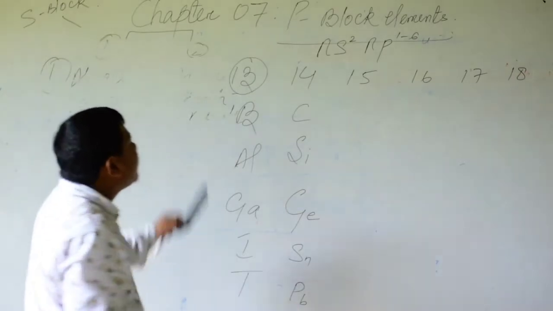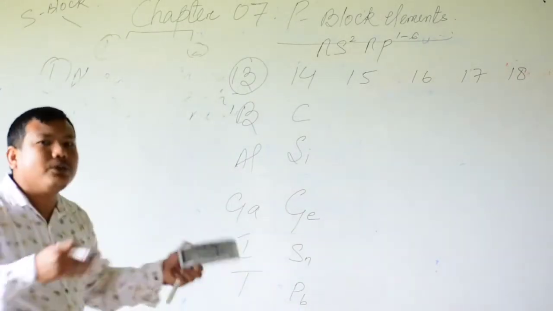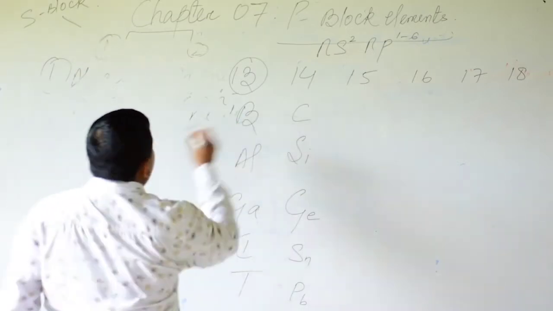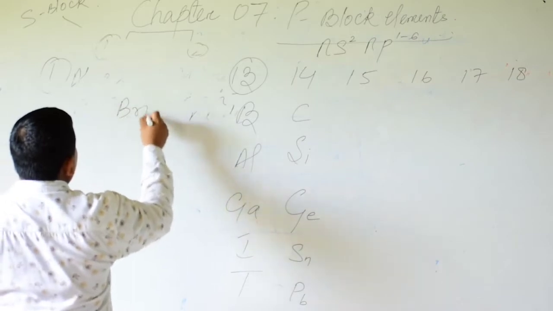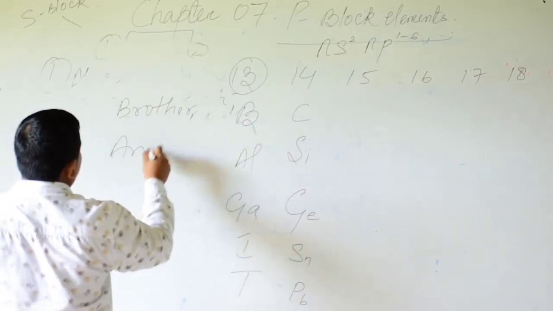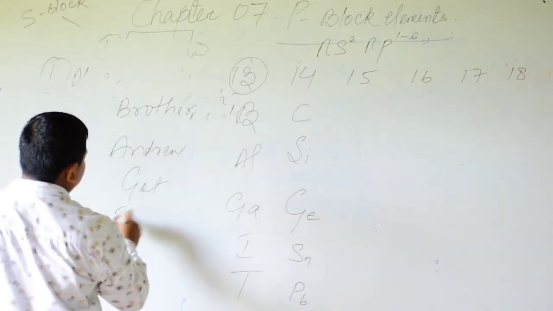You don't have to memorize as I have written, but you can do it in a simple method, as I told before also. For group number 13: brother Andrew got intelligent thought.